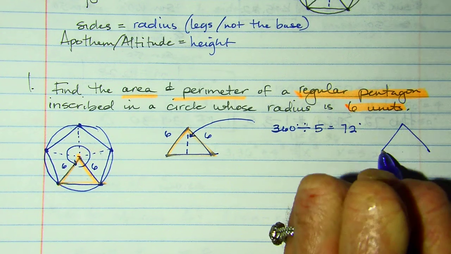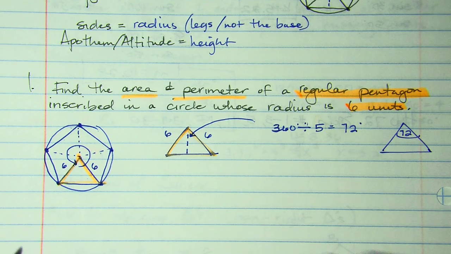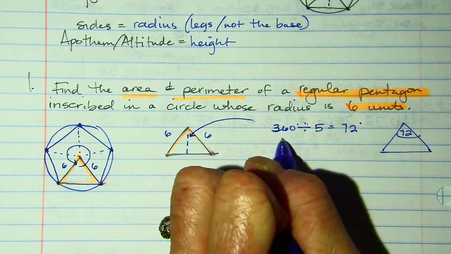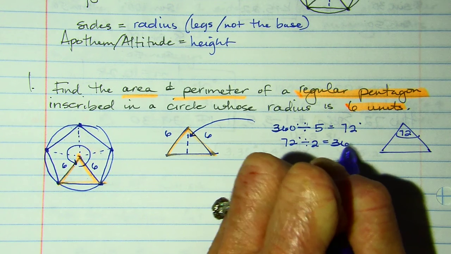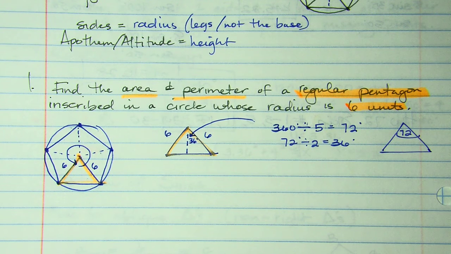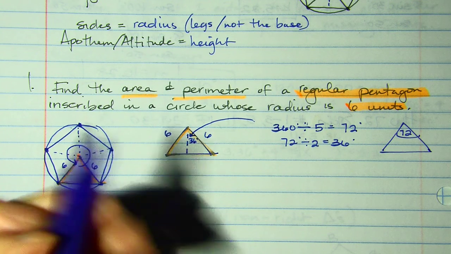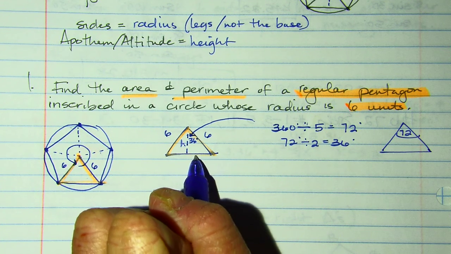So I know that the entire top is 72. So if I want to solve for either side, I would divide again by 2, and I have 36 degrees. So I know this angle here is 36 degrees. I need to find my height, and I need to find my base.